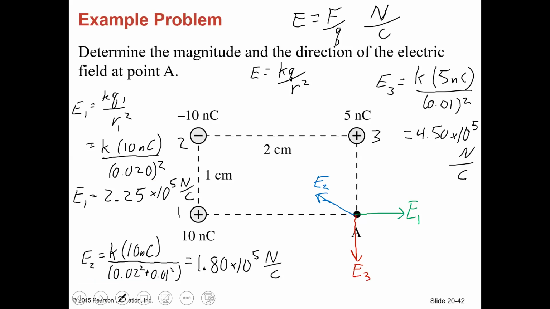Okay, so I got E1, I got E2, and I got E3. Now that's not quite what I'm asking, right? Because the question is, what's the magnitude and direction of the electric field at point A? Well, I know all these individual electric fields, E1, E2, and E3. I need to combine them now, and we're going to do vector addition for that.